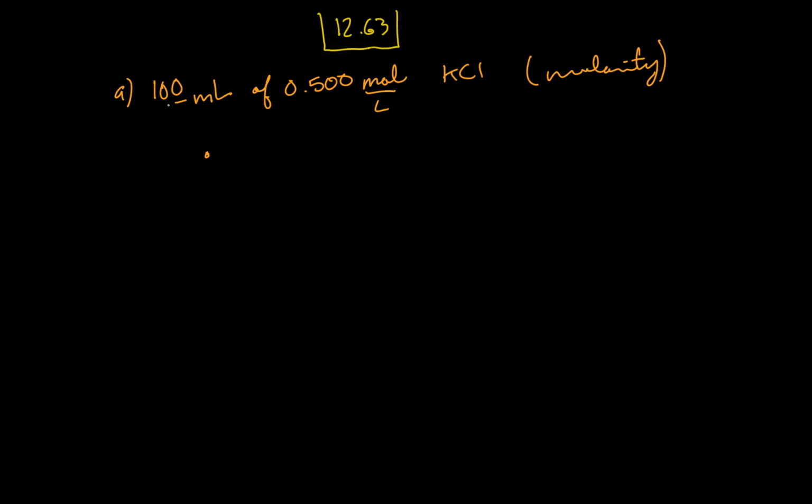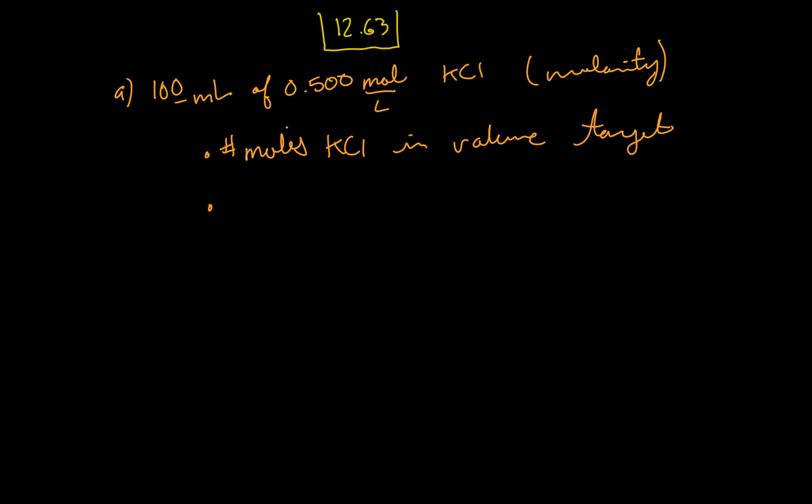First we figure out how many moles we have within 100 milliliters of this concentration. So our first step is to calculate the moles of solute in the target volume.